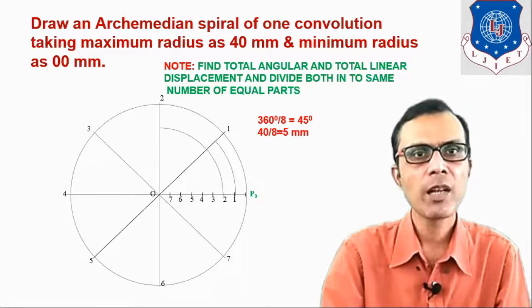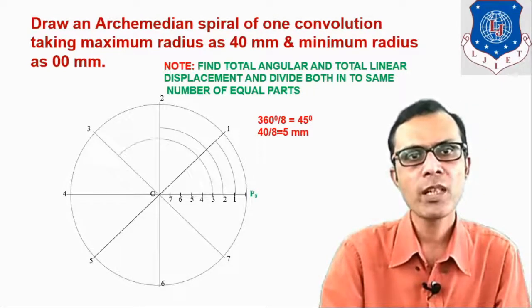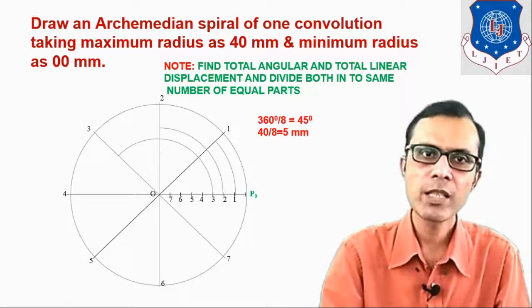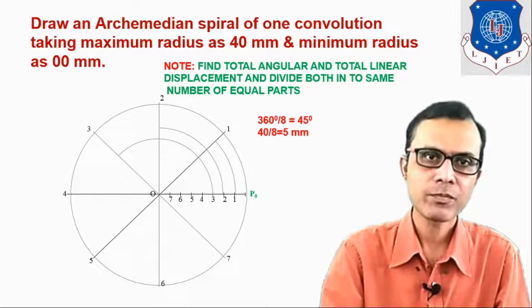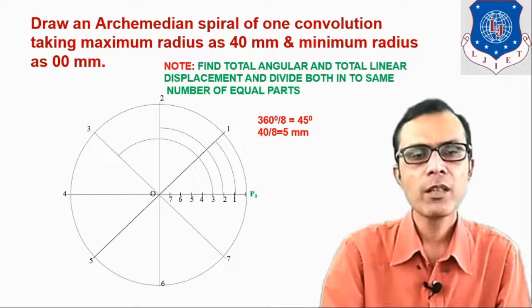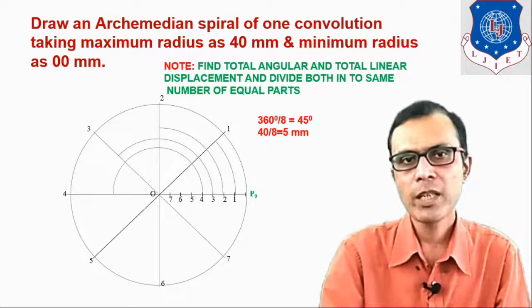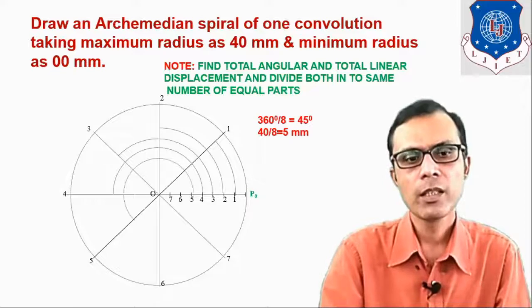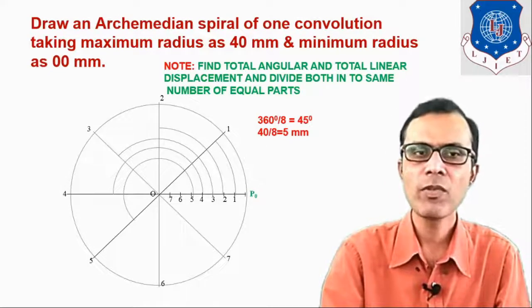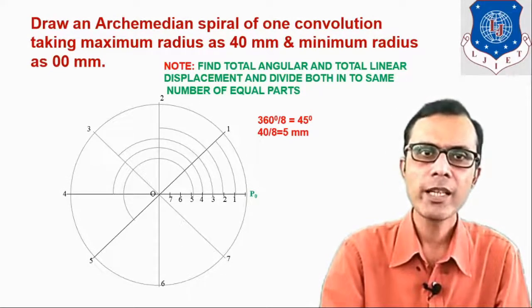In a similar manner, we have to keep O point as center, take O3 compass size and draw an arc. We have to repeat the same procedure. So now next step is compass size O4, draw an arc. Then next step is compass size O5, draw an arc. Then O6 compass size, draw an arc.